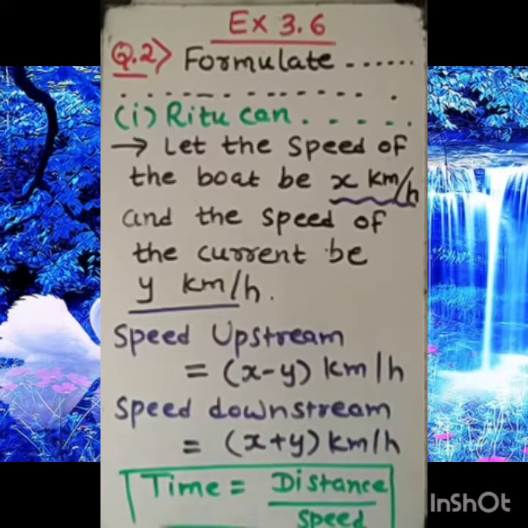You know very well that speed equals distance upon time; if we make time the subject, then time equals distance upon speed. Now, what is the distance already given? It is 20 kilometers, and the time is 2 hours. Now we are going to apply this.